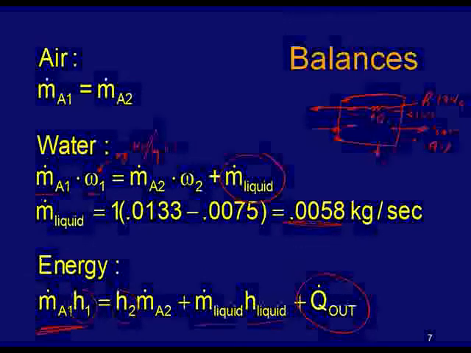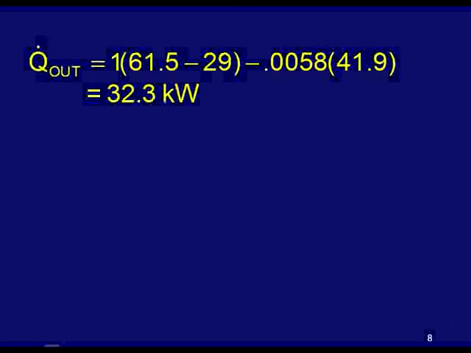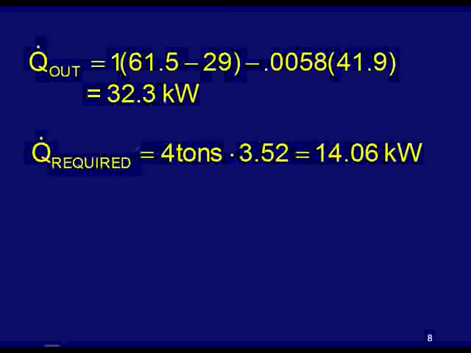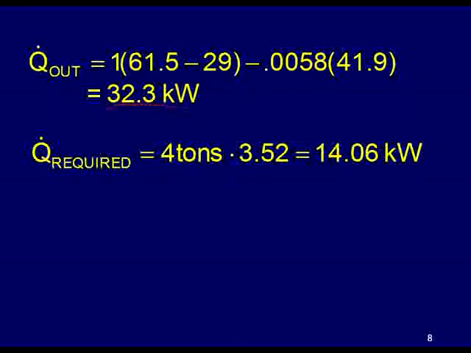That's Q dot, let's call it. So if we put the numbers in, we find out that for our 1 kilogram per second of air, we need 32 kilowatts. That's actually quite a large amount of cooling if we had 1 kilogram per second.